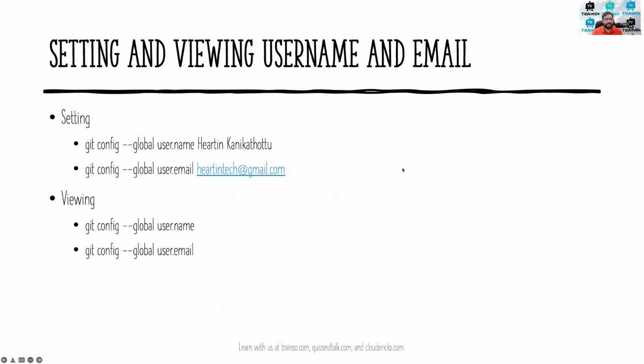Next step is setting and viewing username and email. This is not my real username and email. Assuming that you have installed Git and it is in your path, you can do git config --global user.name and your name, git config --global user.email and your email that is associated with your GitHub account.